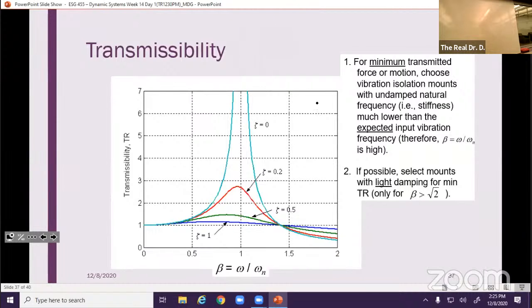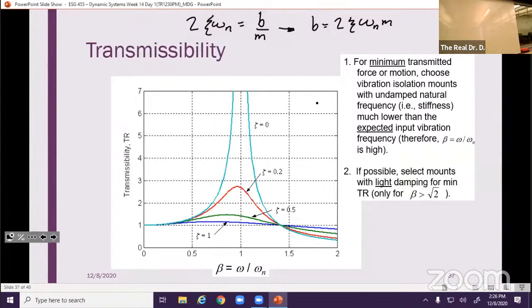Once we have those two things settled, right? If it's possible, and we know that beta is greater than root 2, we want to pick something that has zeta that is low, right? So we already know omega n, we settled on our k.